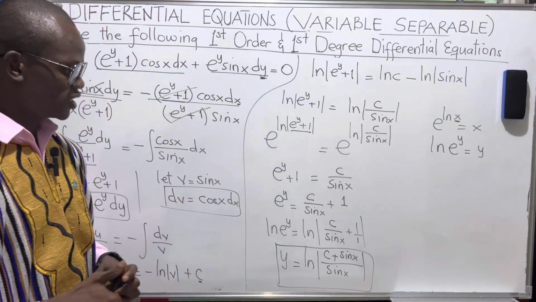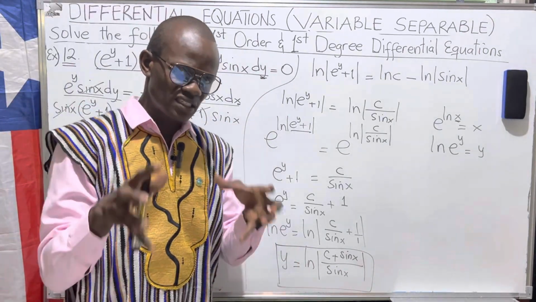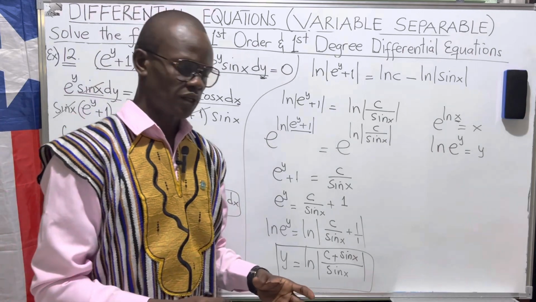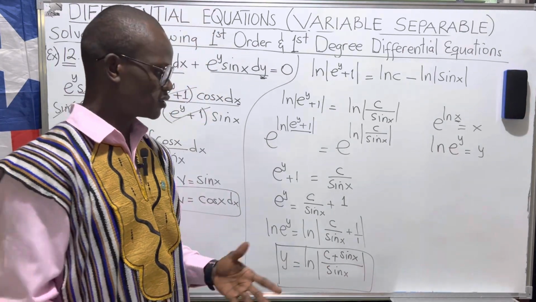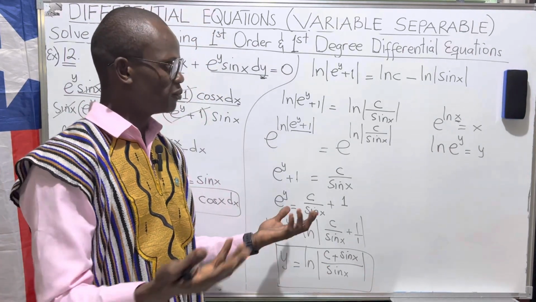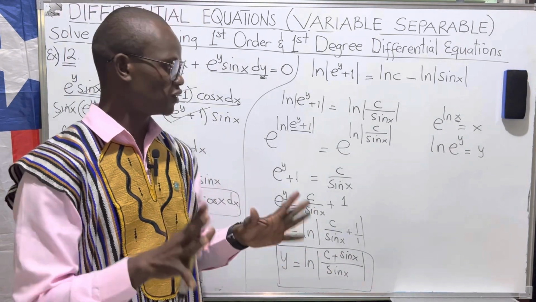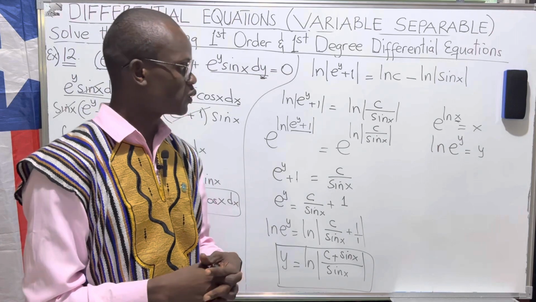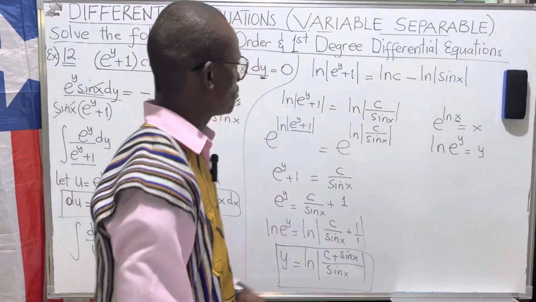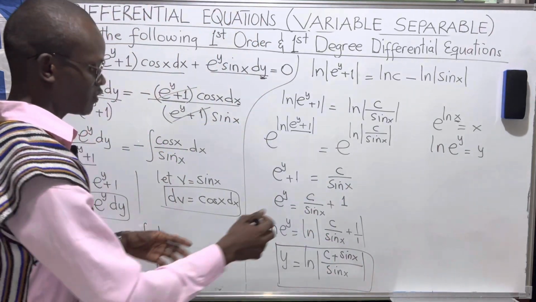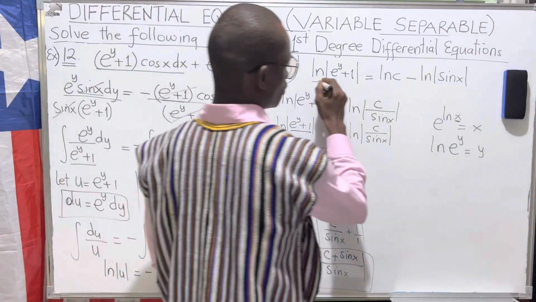So remember I told you the general solution is not a fixed solution. It can be of different forms because of the way people may want to reduce their general solution in different ways. Your instructor may require a different answer. Probably your instructor may not want you to reach as far as this point; your instructor will want you to stop right here.